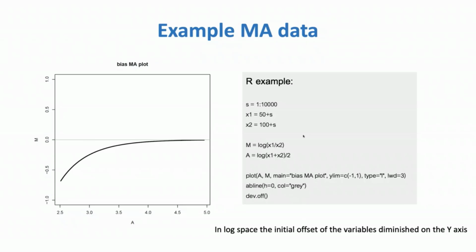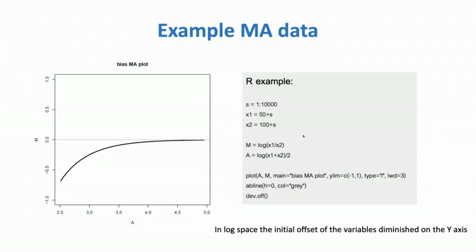It's just a value from 1 to 10,000, and then I just have an offset for the x and y, and I plot the MA plot as described with the log of x1 divided by x2, and for the average, it's just the average of x1 and x2.